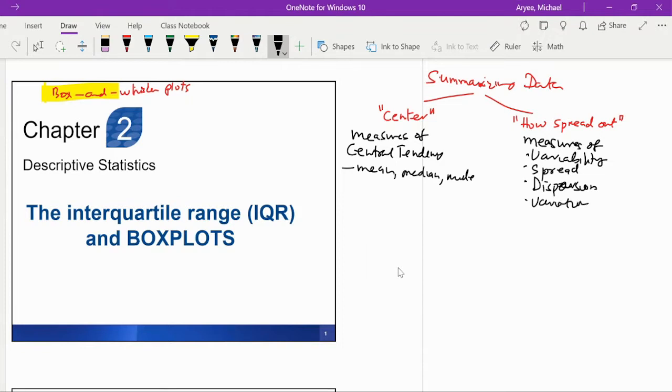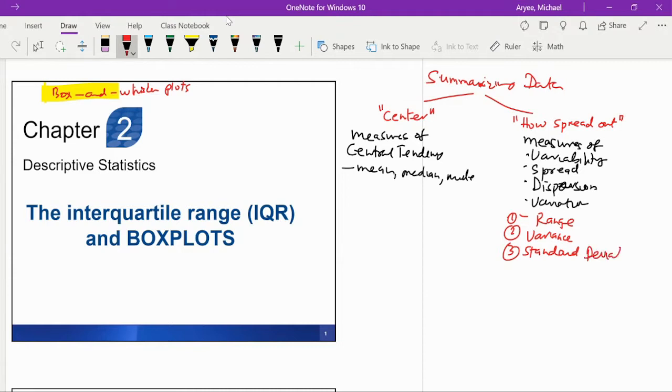We said all these are names that refer to the same thing. Then we indicated that the most common ones are one, the range, two, the variance.